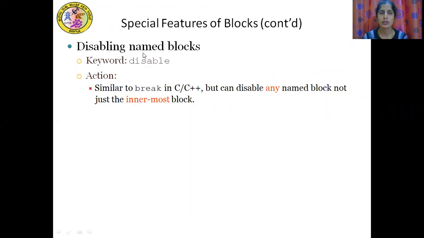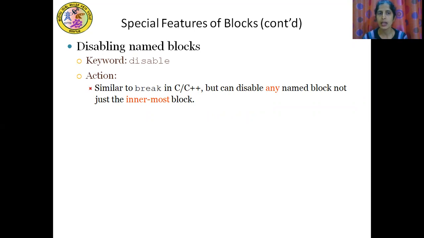Let us move on to the next special feature of the blocks, that is, disabling of named blocks. The keyword used to disable the named blocks is disable. What is the action performed by this disable keyword?